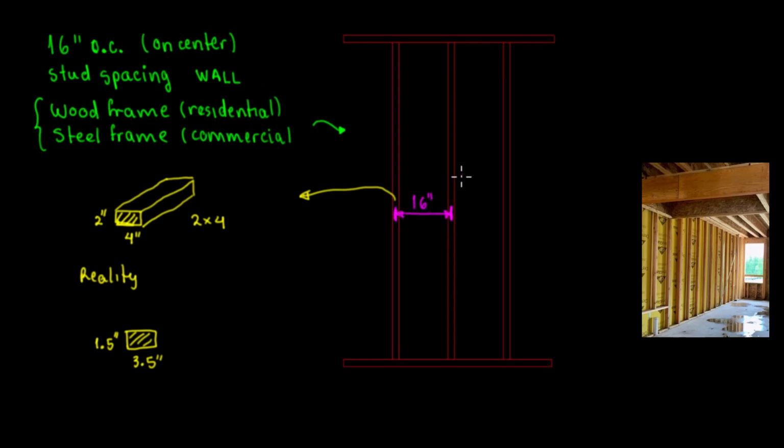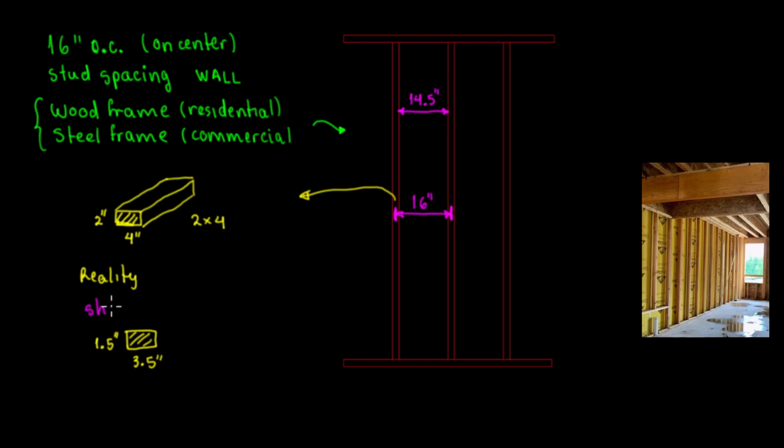Now, what would be the distance between studs measured from the inner side, which is good for cavity insulation? It is 14.5 inches. But you might be wondering, why is it 14.5 if the studs are 2 by 4? Again, it's because the wood shrinks.